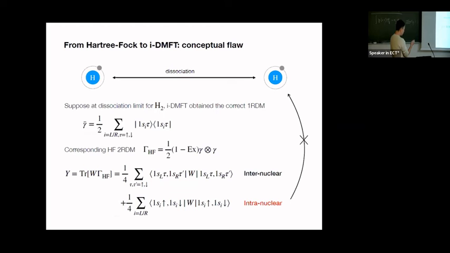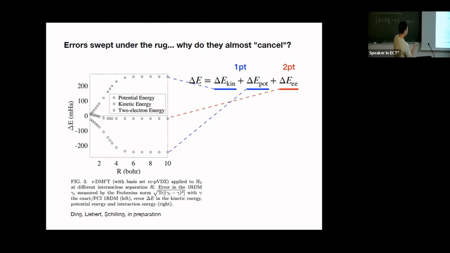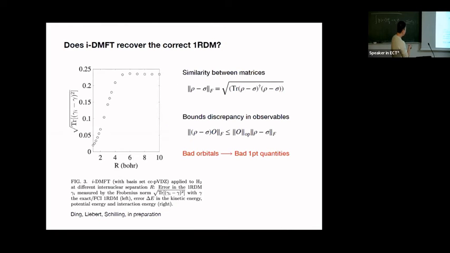And at the end, your total energy is not that wrong. But this gap here clearly shows that you don't have the correct 1 RDM, because if you had the correct 1 RDM, you wouldn't have such a huge gap. And this is precisely what we check.